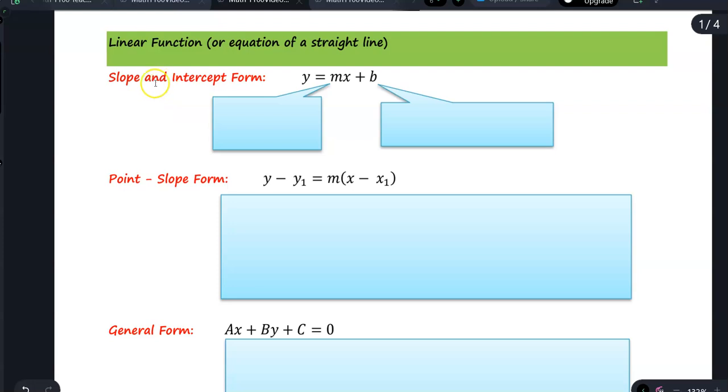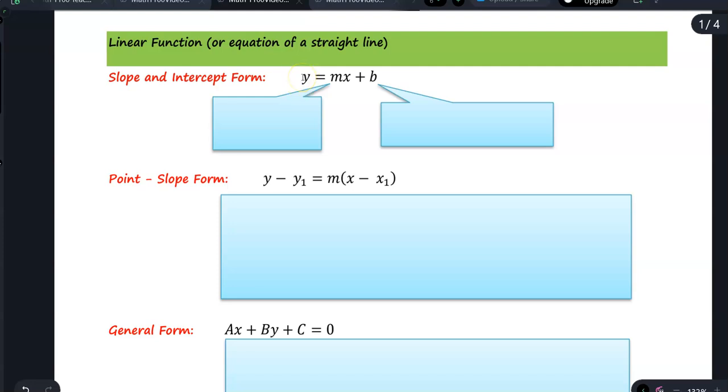So the very first one is called slope and intercept form. It has y equals mx plus b. I would like you to note that on the left-hand side of the equation, you only have y. So the coefficient in front of y is 1.